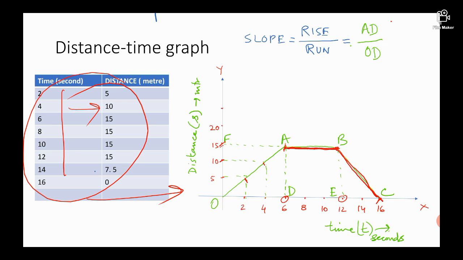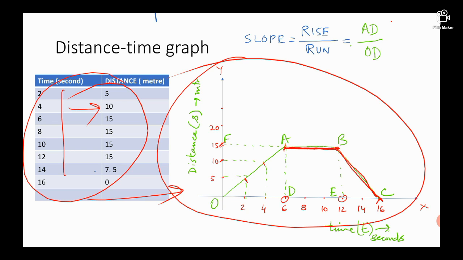However, if we are given a distance time graph like this and are required to calculate speed from it, what will we do? We will find the slope of the graph. For example, from O to A, to find the speed of the object: from 0 to A, the object reached a distance of 15 meters.